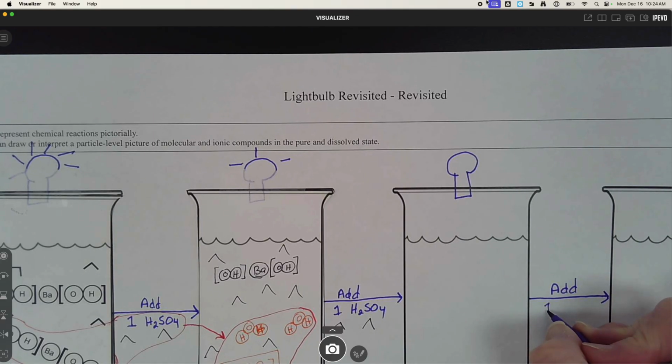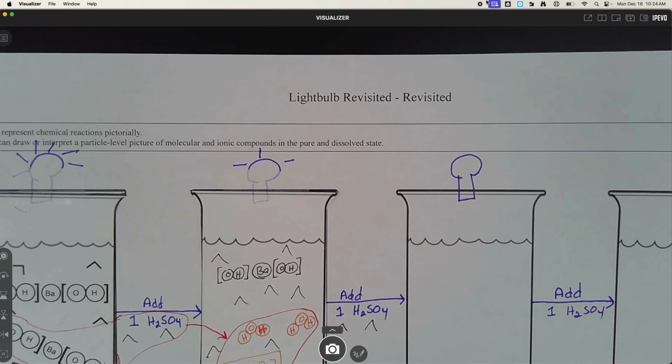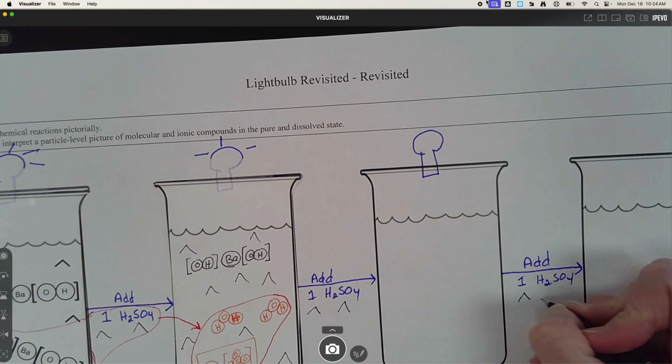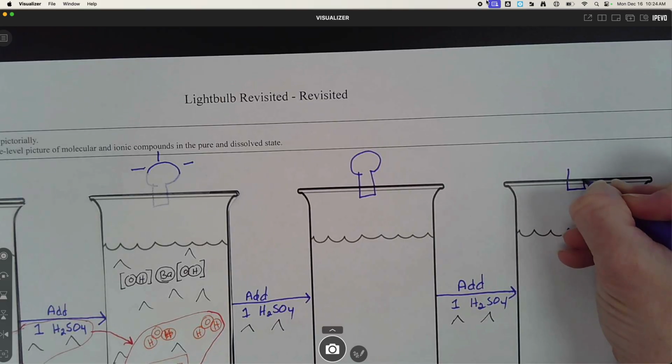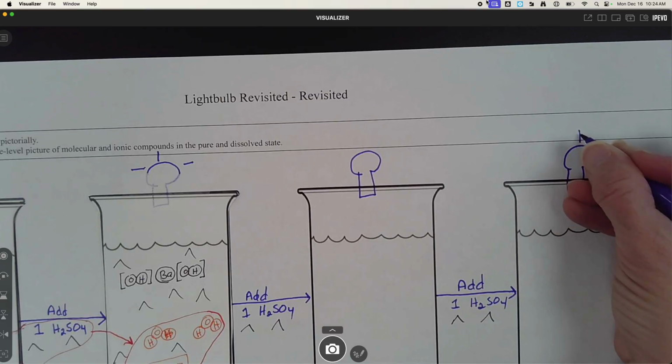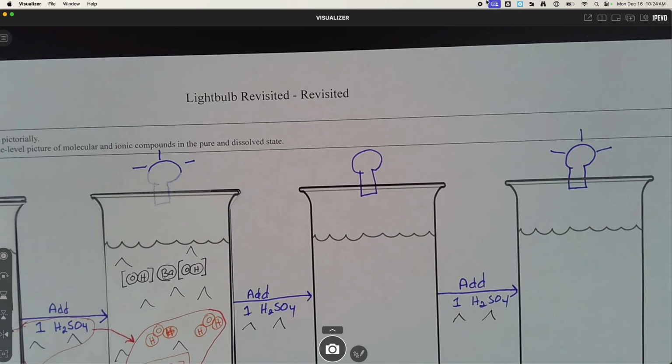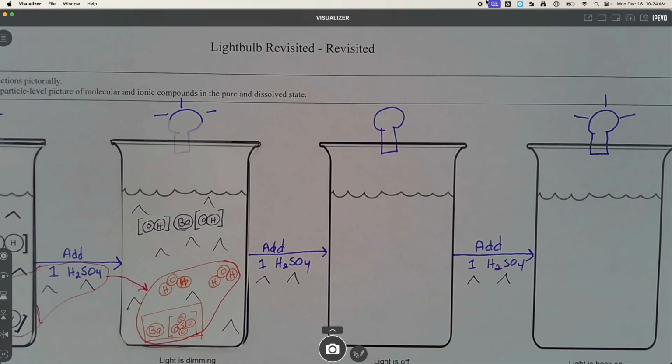And then adding another H2SO4. And because it's aqueous, a couple water molecules go with it. And getting yourself to the point that the light bulb is starting to turn back on again.